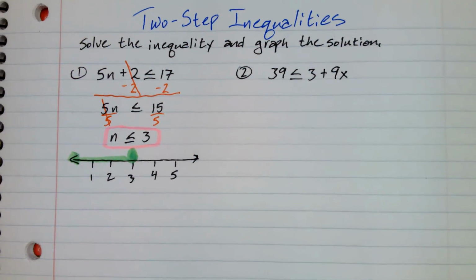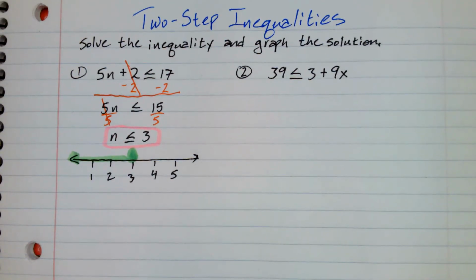What do I do now? I want to get x by itself. Tell me the first step, guys. I'm looking to solve this.